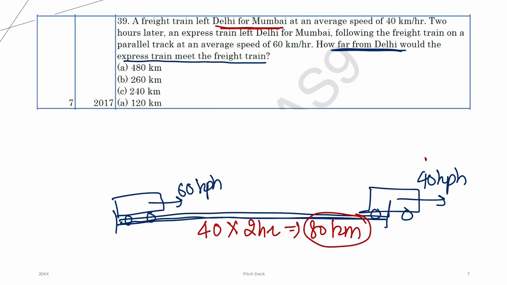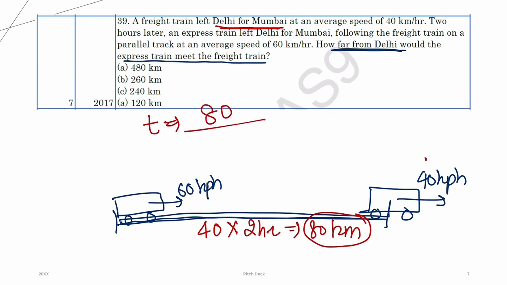Now, the faster train has to catch the slower train. Now recall the concept of relative velocity. How do we calculate when this train will catch this train? The total time taken by the faster train to catch the slower train is the distance between them, that is 80, divided by the relative velocity.